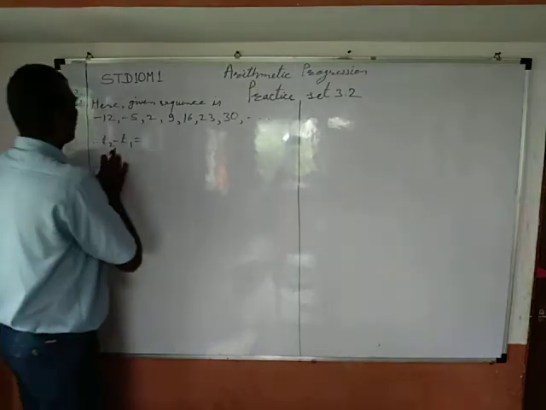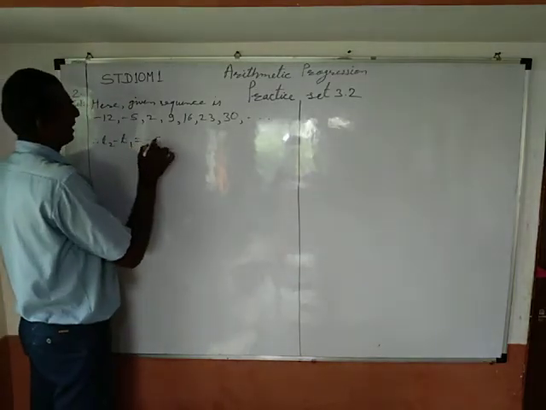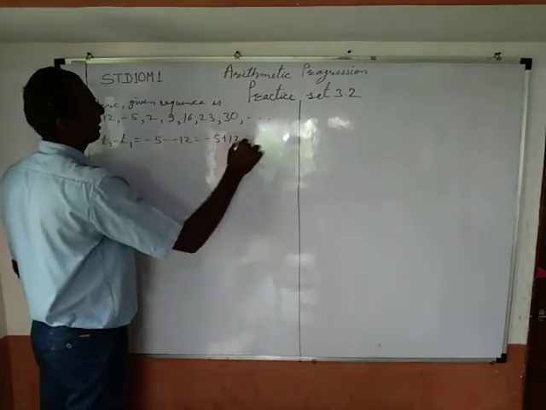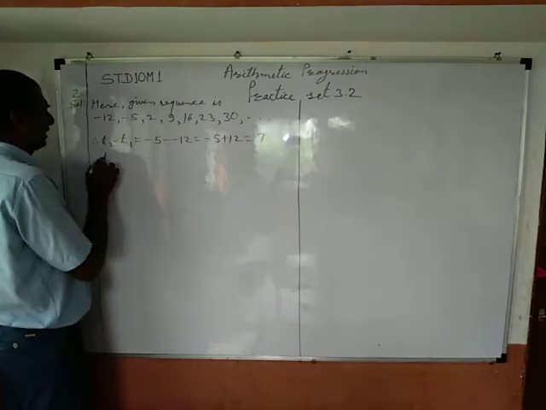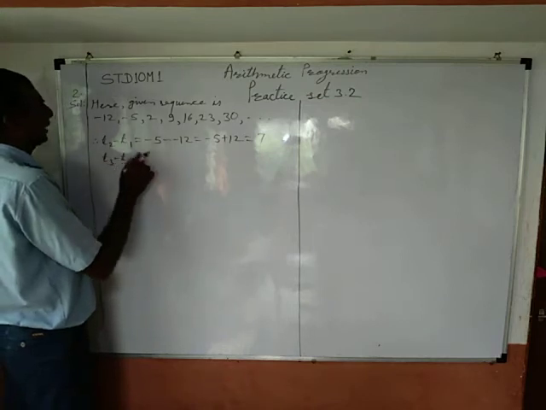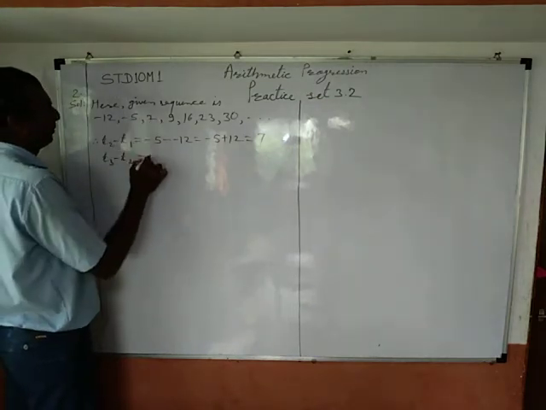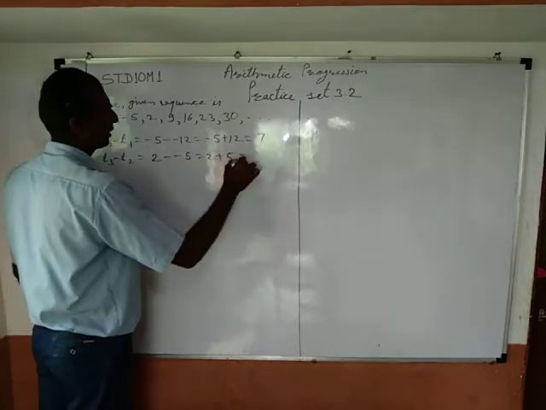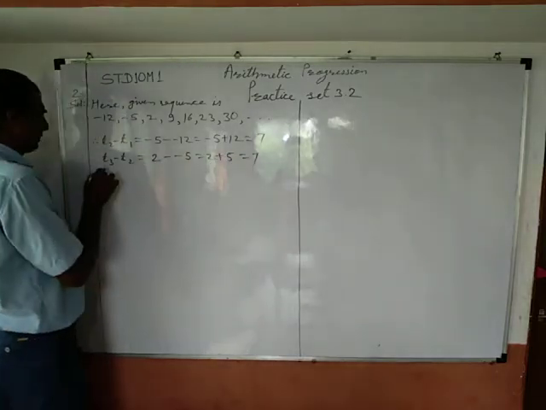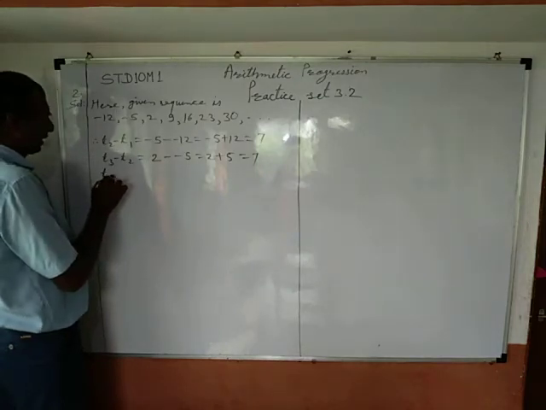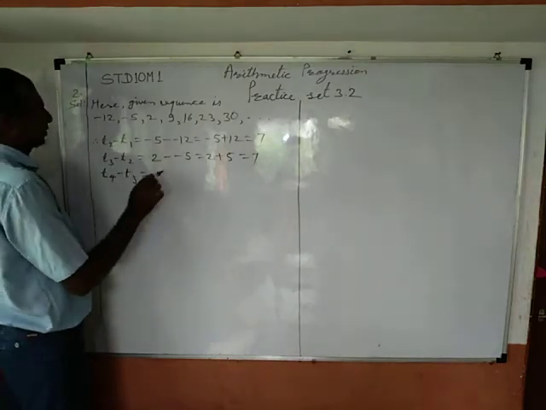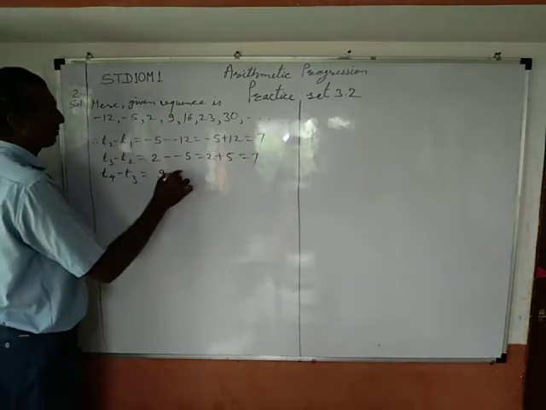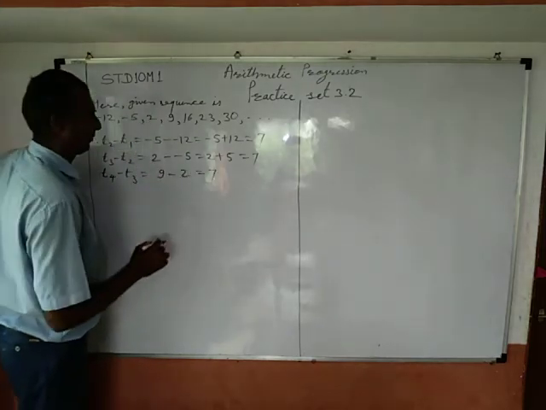T2 minus T1 equals minus 5 minus of minus 12 equals minus 5 plus 12 equals 7. T3 minus T2 equals 2 minus of minus 5 equals 2 plus 5 equals 7. Similarly, T4 minus T3 gives us 9 minus 2 equals 7.